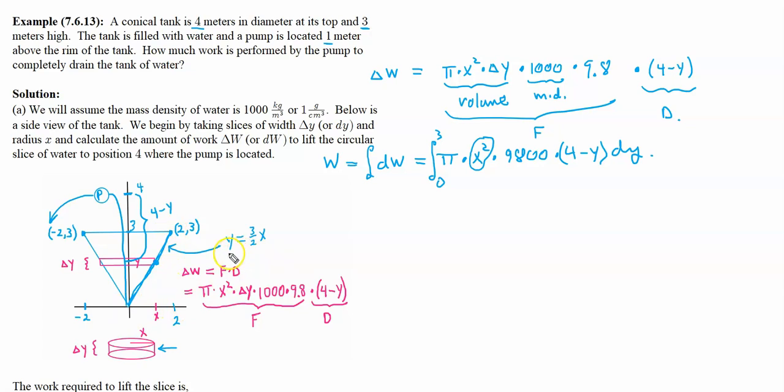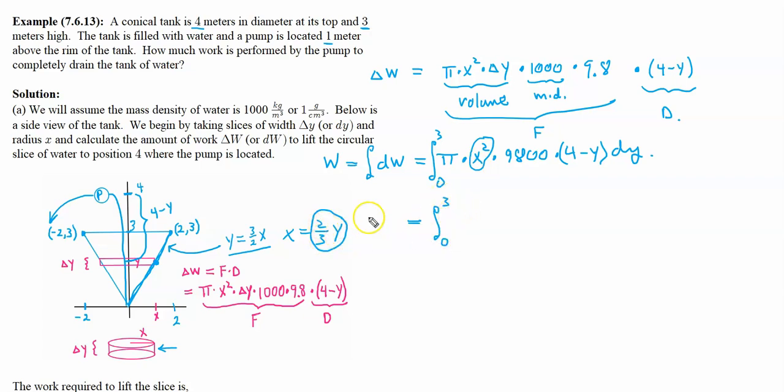Okay, so very simply, the equation of this line is y equals 3/2 x, or x equals 2/3 y. Okay, so now we can put this in place of the x, and we obtain that this is going to be the amount of work it takes.